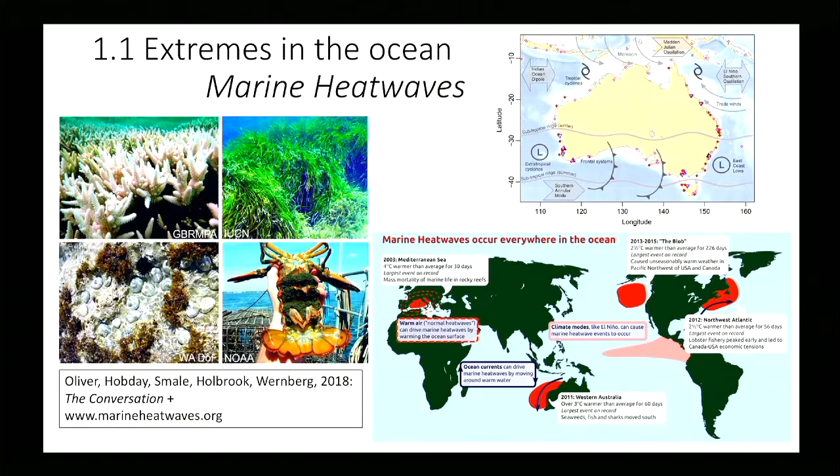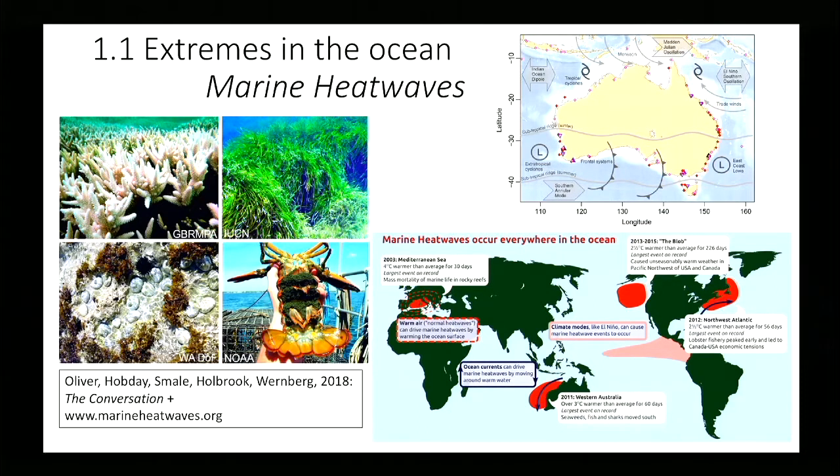There are also ocean temperature extremes, and it's only fairly recently that the phrase marine heat waves has been coined. It hasn't really been used in the literature, but in the last 10 or so years it's really started to raise its head.